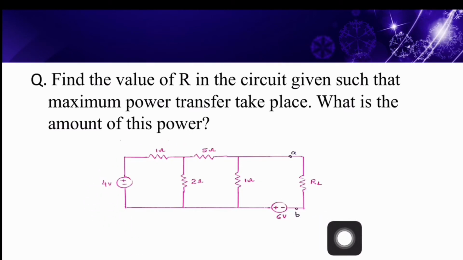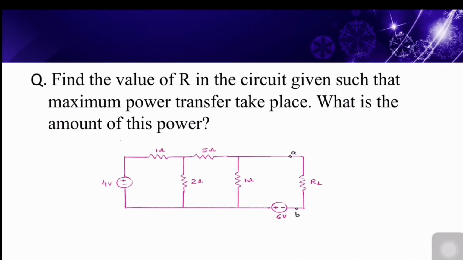Then we equate RL to RTH so that maximum power transfer takes place. And for obtaining Thevenin equivalent circuit of a network, we are supposed to calculate two quantities, Thevenin equivalent voltage and Thevenin equivalent resistance. Let us first focus on Thevenin equivalent resistance.